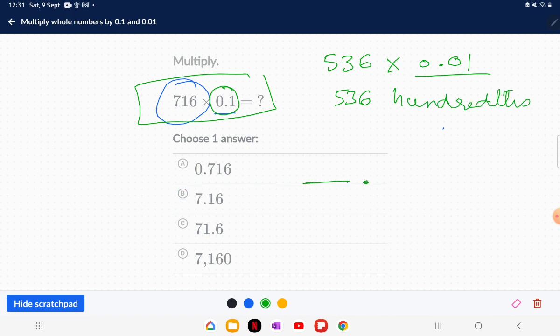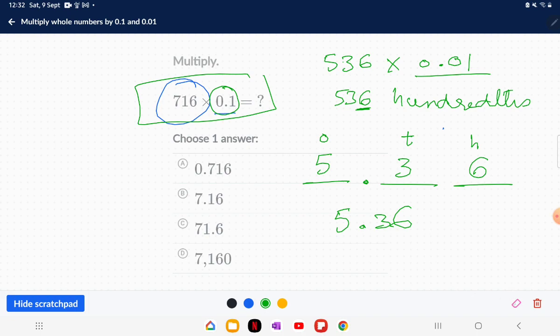Let's try and place this in the same decimal structure. So these are hundredths, these are tenths, and these are ones. So we start with the last digit as we did previously, but this time it is a hundredth. So 6 goes here, and then the 3 goes in the tenths place, and then the 5 goes here. So 536 multiplied by 0.01 is 5.36, right? So that's one way of doing these questions.